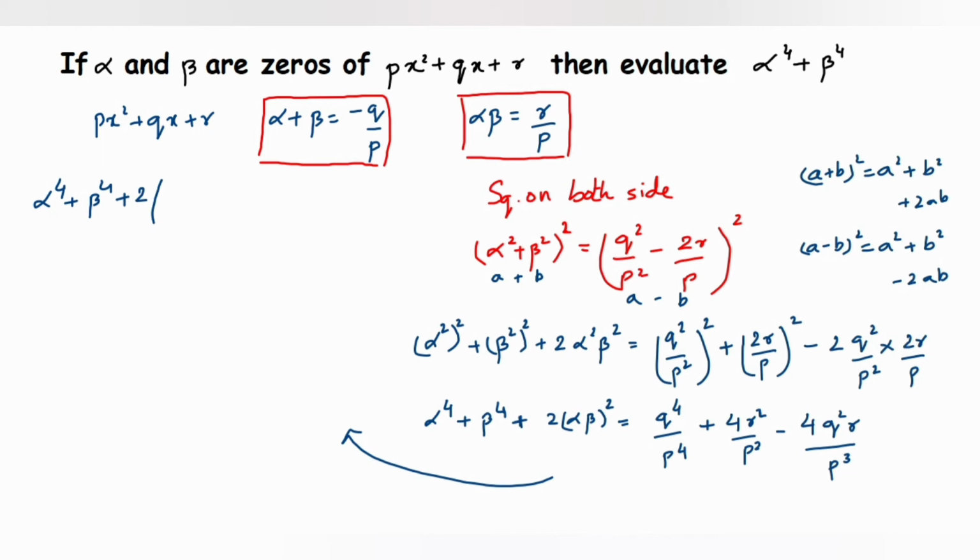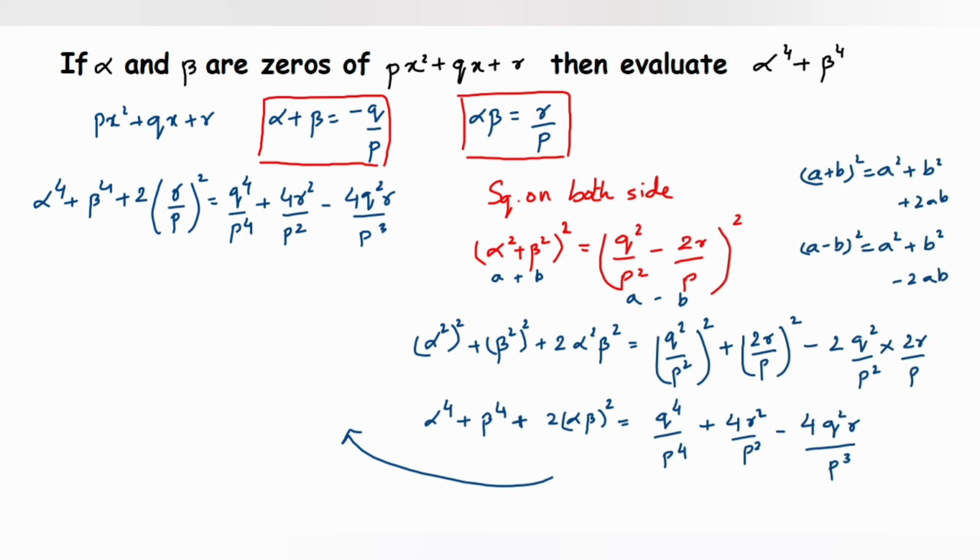So this is r upon p whole square, is equal to q to the power 4 upon p to the power 4 plus 4r square upon p square minus 4 q square r upon p cube.